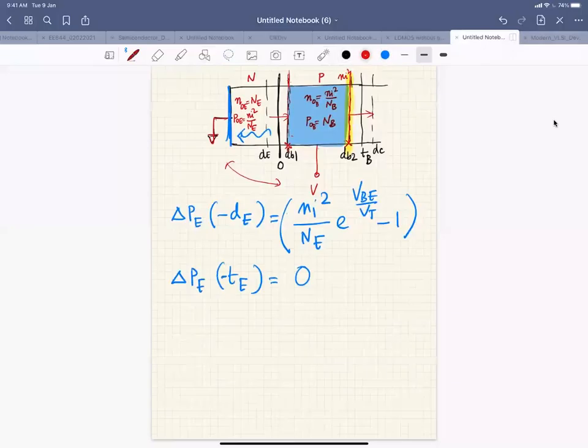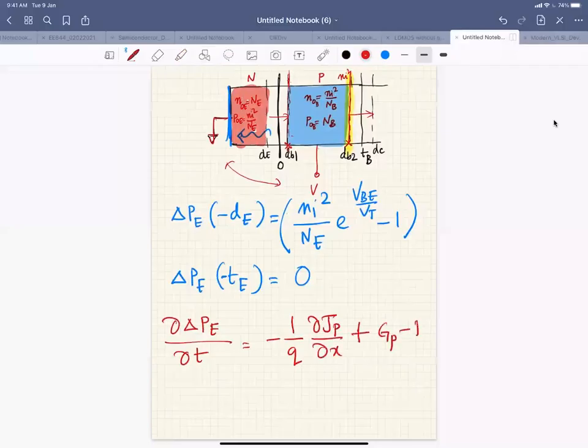If you write down the continuity equation, basically now we are mostly focusing on this box here, right? So this is minus 1 by q, because this is hole current, plus gp minus rp, right? gp is not there, no generation.